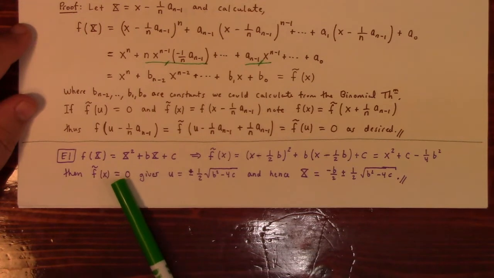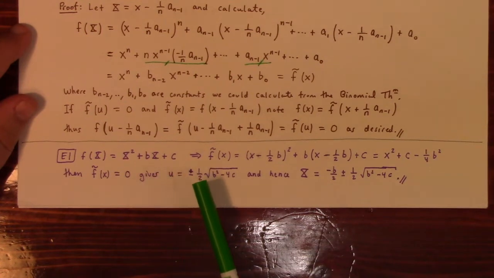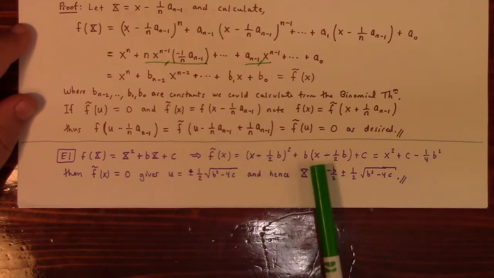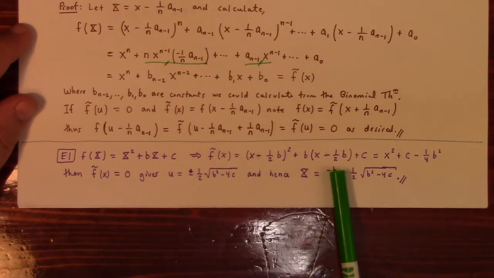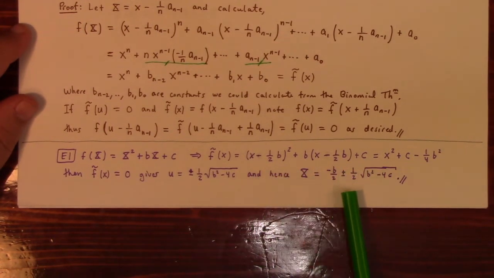So f big X, x squared plus bx plus c. This is the arbitrary monic quadratic, and then I substitute x minus 1/2 b in for big X and square that thing. This defines f tilde, right? And when you square these things out, the bx terms cancel, and you're just left with x squared.